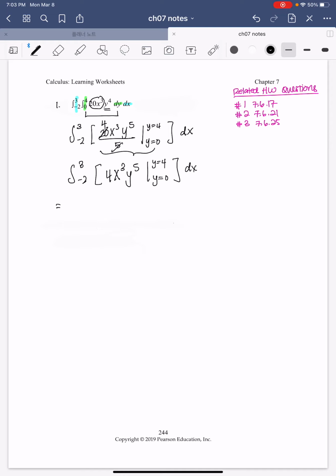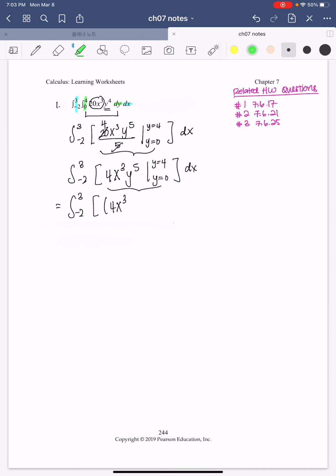So I'm integrating this, and then you now plug it in. So negative 2 to 3. We haven't integrated the second time yet. Simplifying this, I have 4x cubed, plug it into the y term.